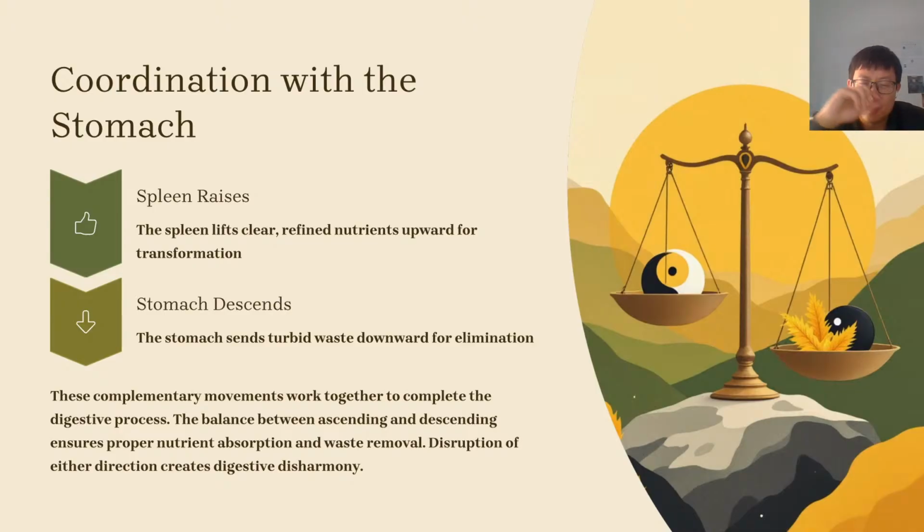So the stomach movement is downward, the spleen is upward. It can make the digestion and absorption proceed smoothly.